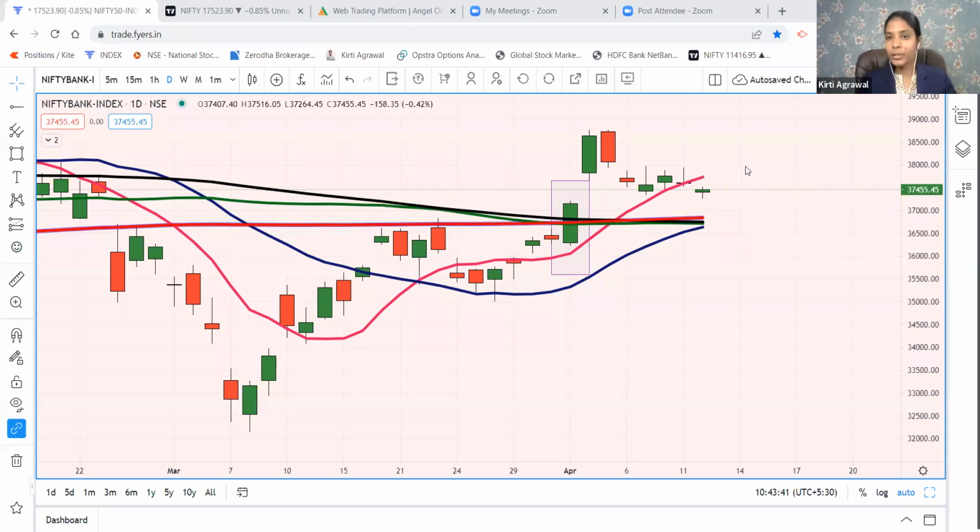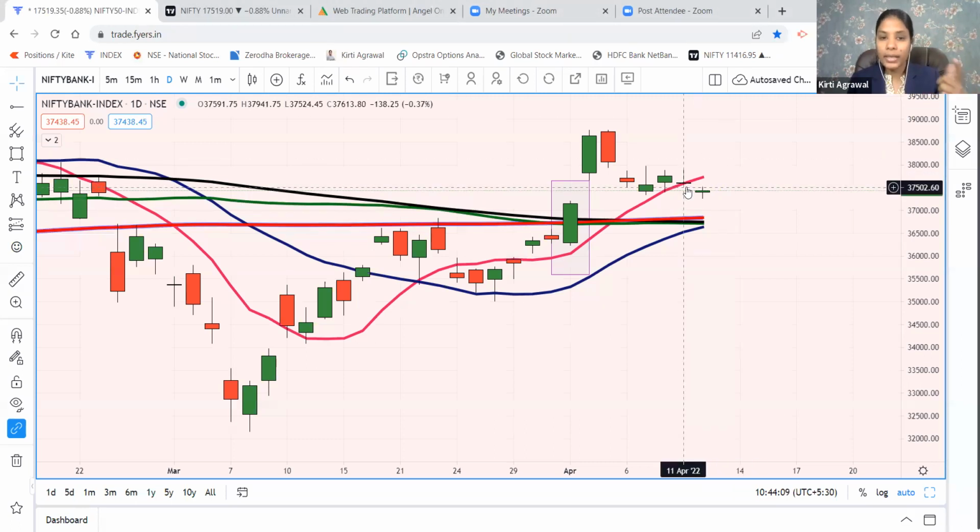This is not the conventional technical analysis where you look at the moving averages only. From a different perspective, the 200-day moving average we are seeing here gives strong support to the price, right? So this gives you conviction that if we compare the two, Nifty Bank is stronger than Nifty.